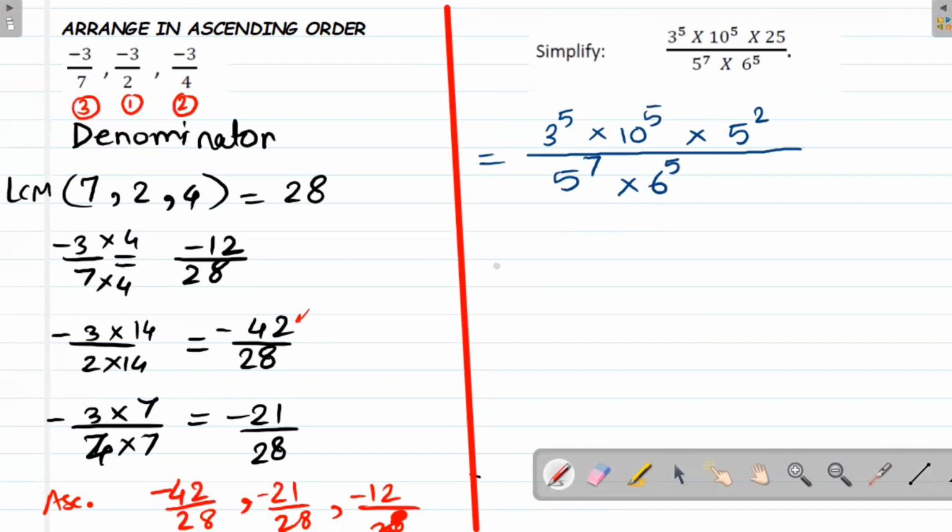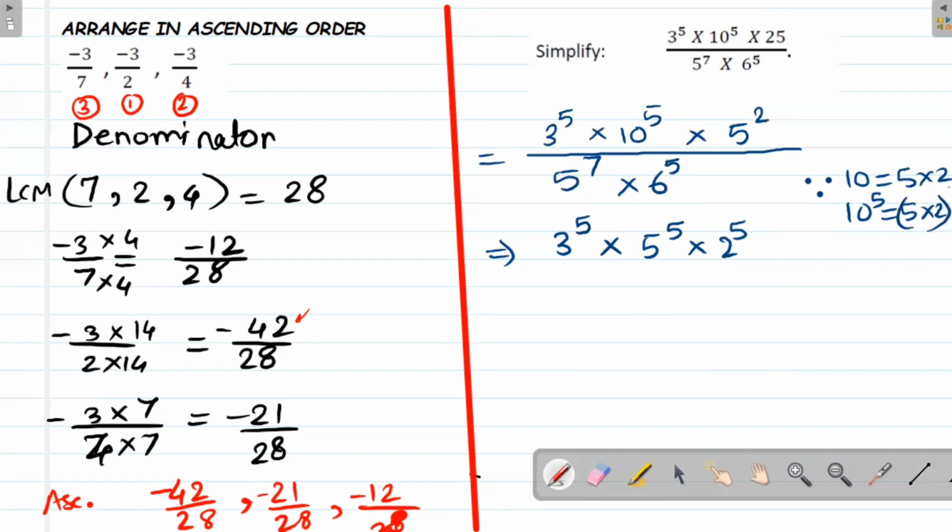Now I will segregate. 3 raised to 5 multiplied by 10 raised to 5. We know 10 is nothing but 5 twos, so 10 to the power 5 is 5 raised to 5 multiplied by 2 raised to 5. You can take the common powers or distribute the powers. After distributing, it becomes 5 raised to 5 multiplied by 2 raised to 5, and that we have written here.